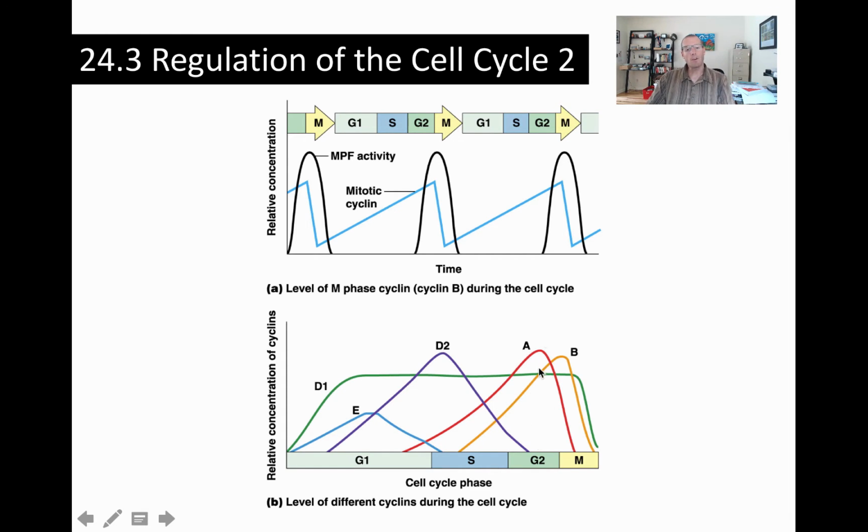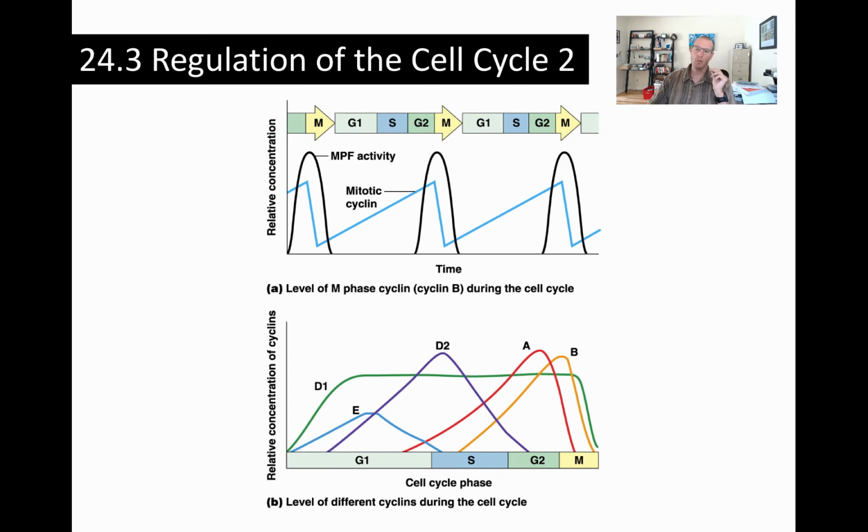So we have mitotic cyclins, which are cyclins A and B, and they're required for the G2 to M transition. They bind to mitotic CDKs, and that complex of mitotic cyclins and mitotic CDKs is called MPF. That's often, and I suspect in your book, called mitosis promoting factor, and it's actually wrong.